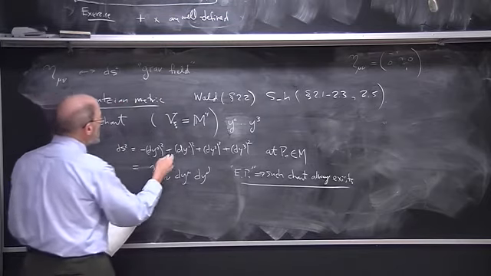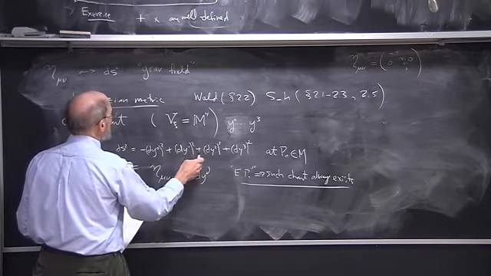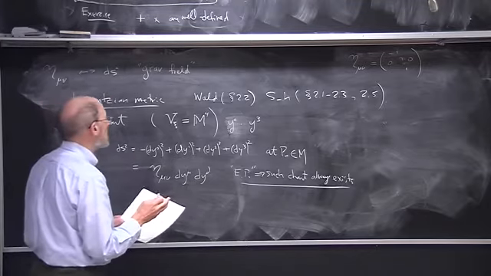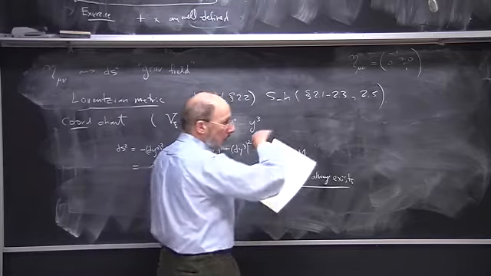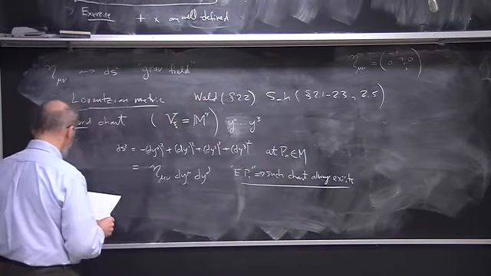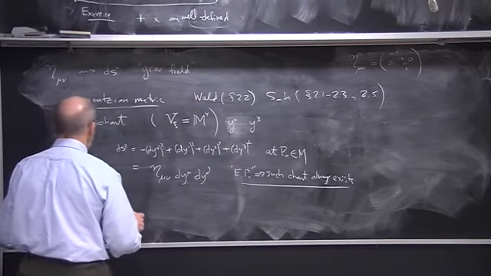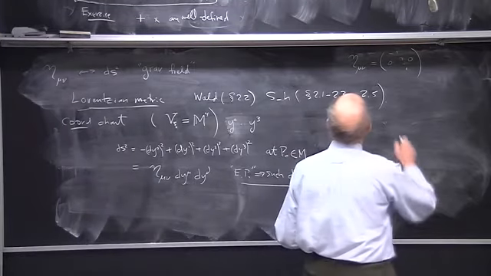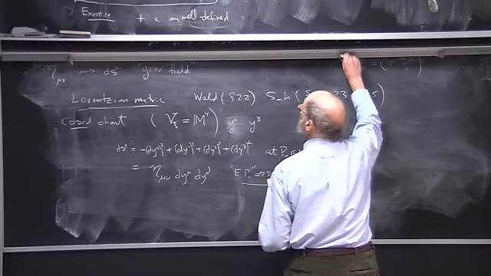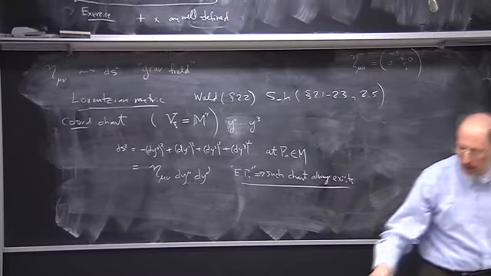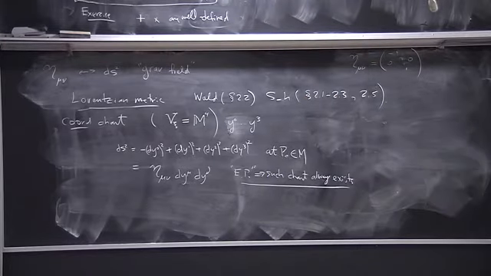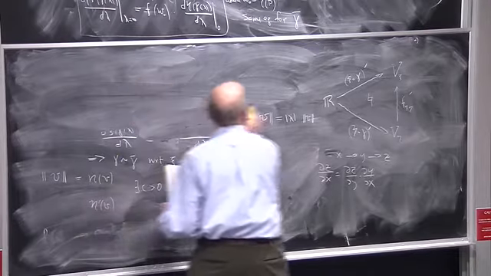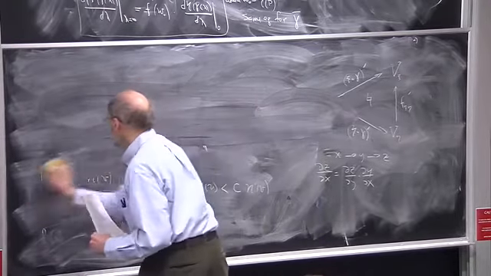So let's translate this into a statement that will be true in a single chart. What is this telling us if we now pick a single chart to cover not only that point P naught, but a whole region around P naught? Well, now we just need to translate this formula into an arbitrary coordinate system.